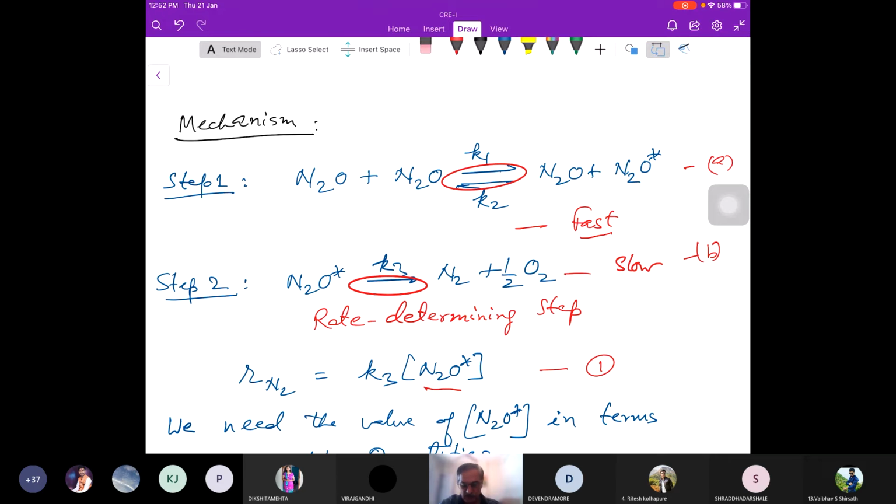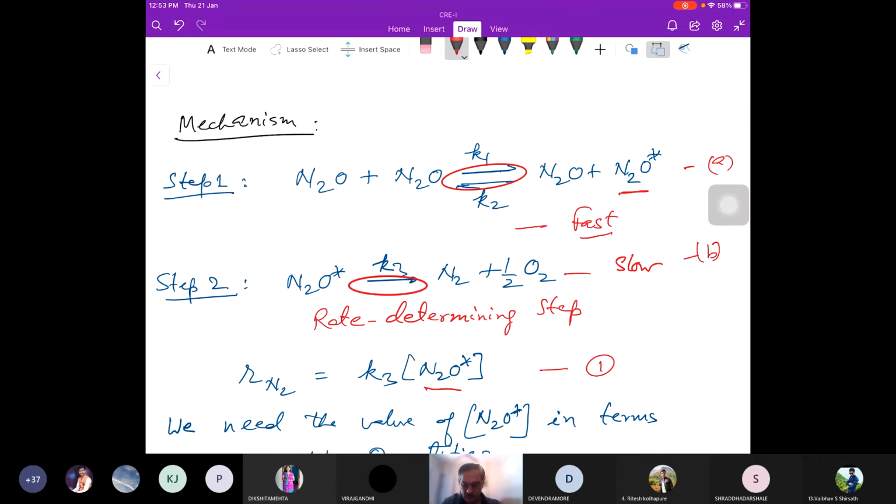When you talk about equilibrium, we always will consider only this reaction or step 1 to get the concentration of N2O star. बराबर, पहले स्टेप, पहले डायरेक्शन में ऐसा किया था, राइट? वी कंसिडर्ड ओनली द फर्स्ट स्टेप टू गेट द concentration of the intermediate. Ultimately ये जो type 1 type 2 है, its step only is to find the concentration of intermediate in terms of known quantities.